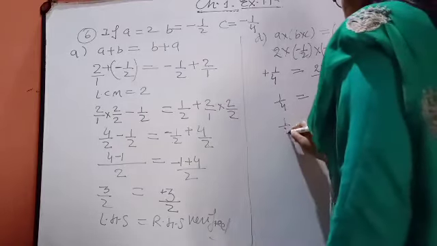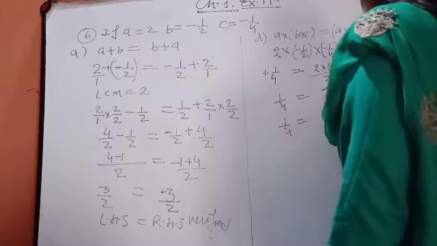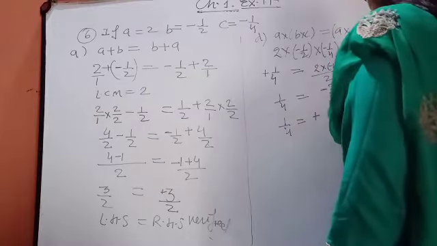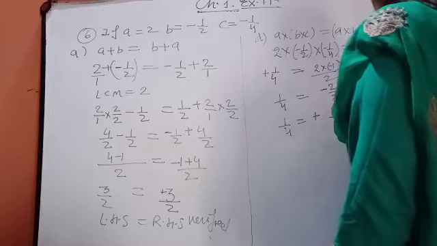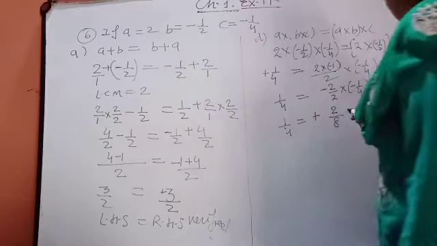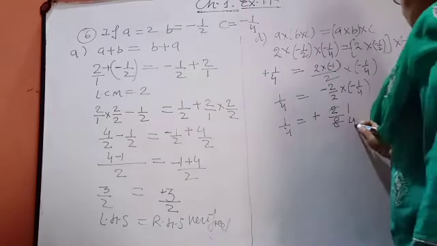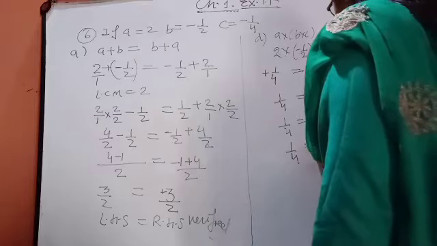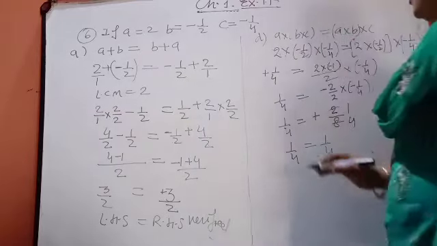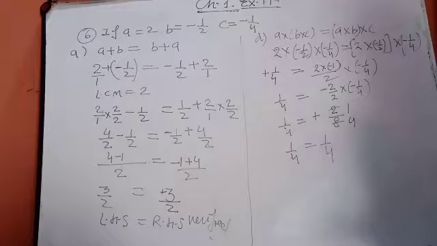Now 1 upon 4 is equal to 2 ones are 2, minus 2 upon 2 into minus 1 upon 4. Minus into minus again gives plus, so it will be 2 ones are 2, 2 upon 4 twos are 8. Now simplify: 2 ones are 2, 2 fours are 8. So you can see that 1 upon 4 is equal to 1 upon 4. So the D part also I have completed.